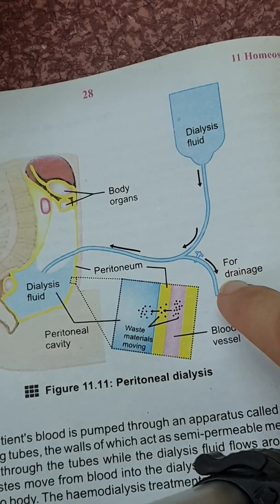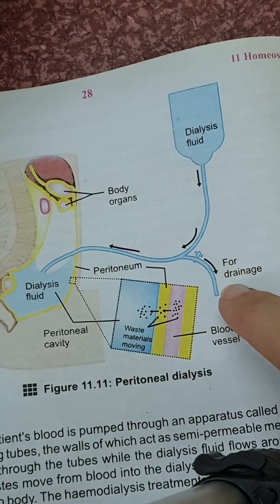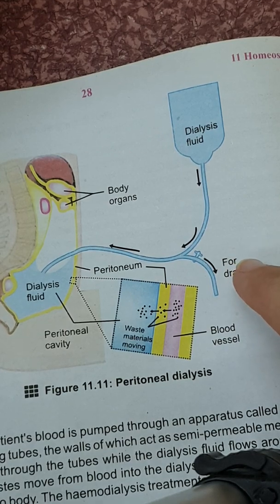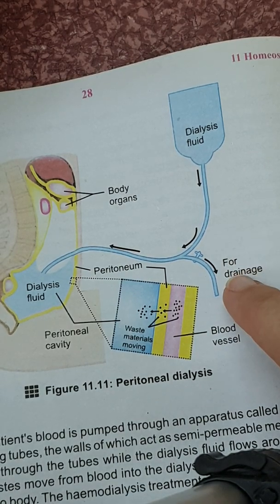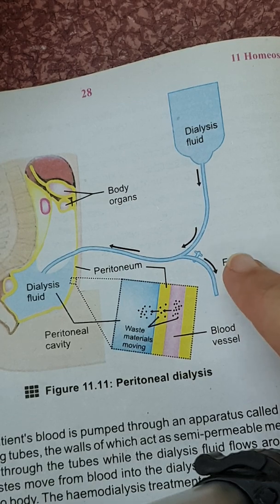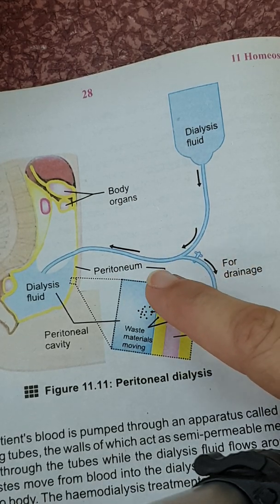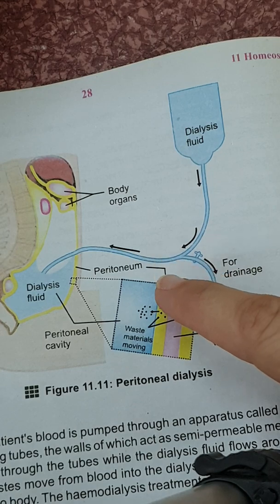So this is the dialysis which is done for those patients who have some parts damaged inside the kidneys, not the total kidney. Some parts are in working condition and some have lost their function. So for the recovery of those parts, we do this type of dialysis.